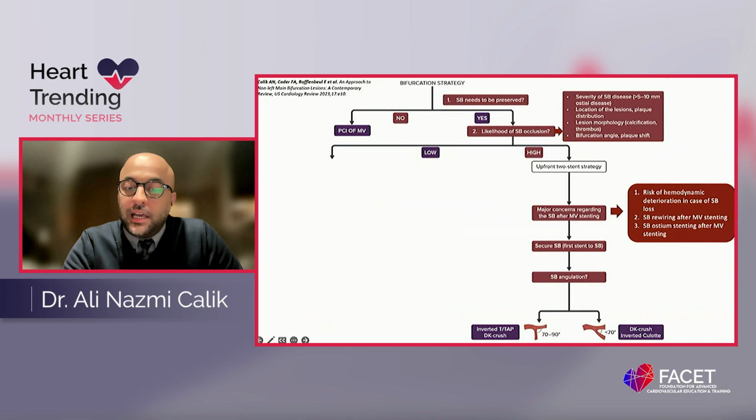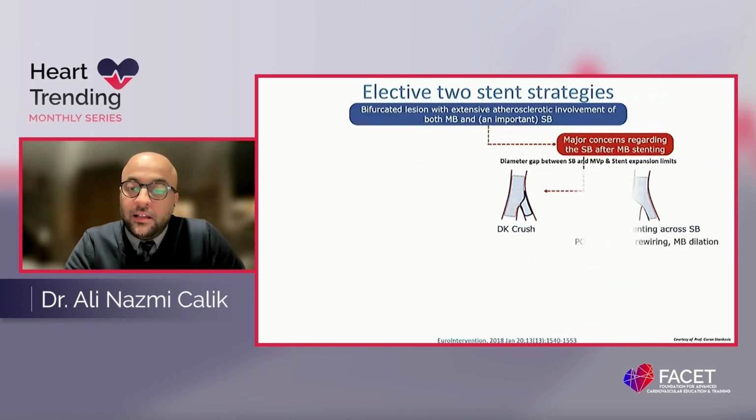And according to the angulation of the side branch, we can choose DK crush, inverted T or TAP in wide angles. But when it comes to narrow angles, the first option should be DK crush or inverted culotte. Let's see in a more detailed slide.